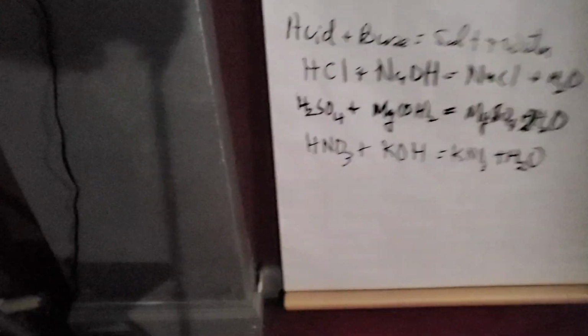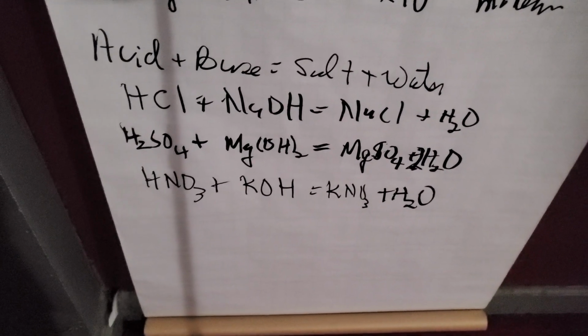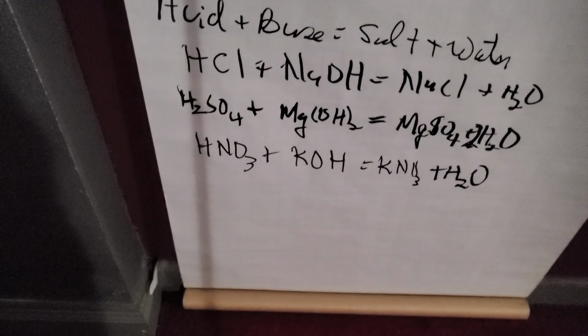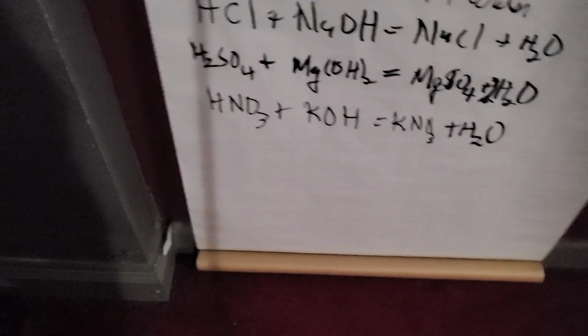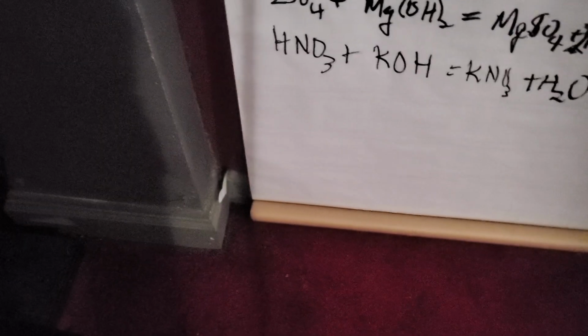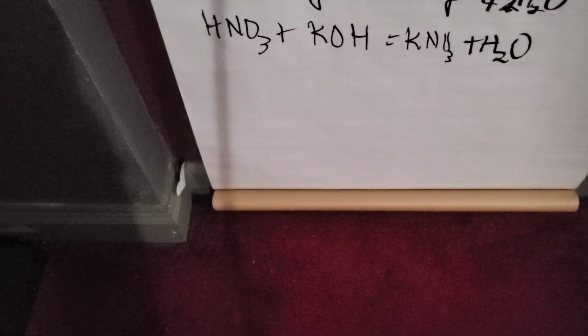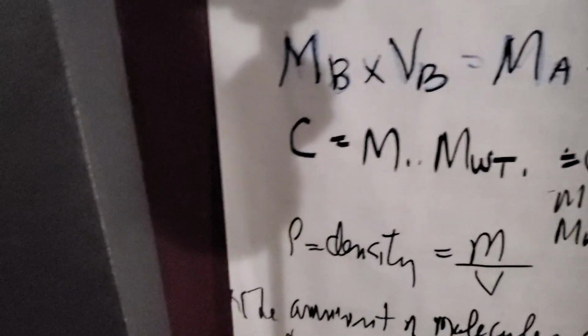All right, let's just look at those last two equations that we have jotted in. Sulfuric acid plus magnesium hydroxide gives magnesium sulfate and water. And nitric acid and potassium hydroxide give you potassium nitrate, the salt, plus water. And then we could use our formulas up here to do the calculation.